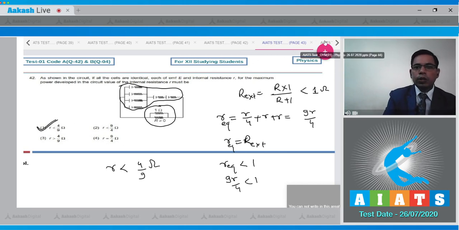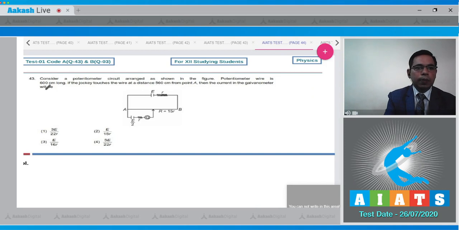Now move to question number 43, which states that consider a potentiometer circuit arranged as shown in the figure. The potentiometer wire is 600 cm long. If the jockey touches the wire at distance 560 cm from point A, then the current in the galvanometer is.